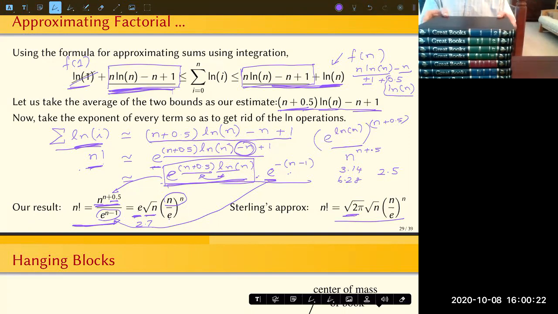For instance, the simplest thing I can do is arrange them like this. And my question is, of course, I can use as many books as I want. My goal is to make this overhang part as large as possible.